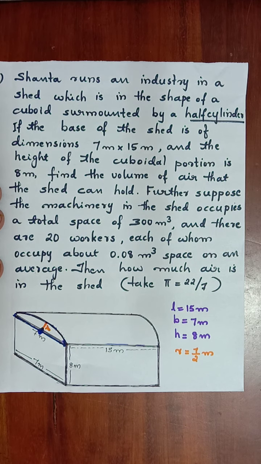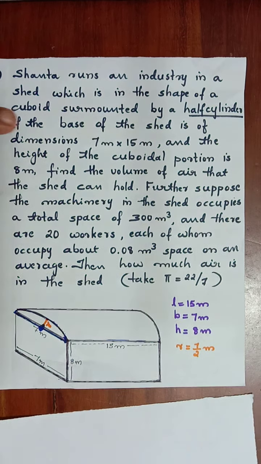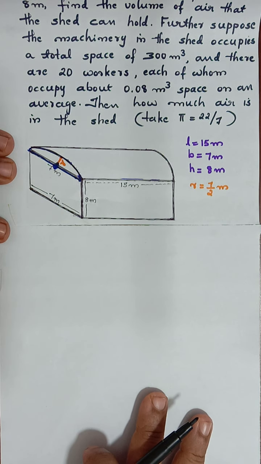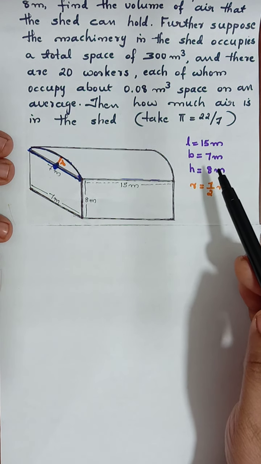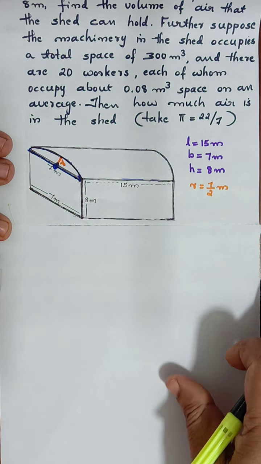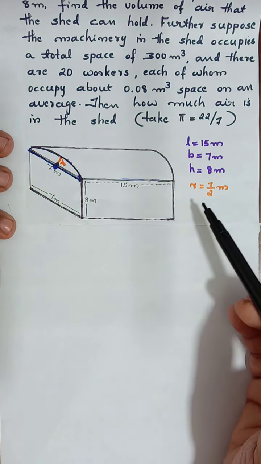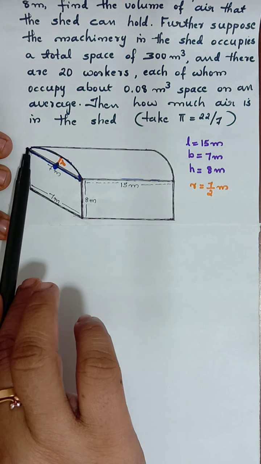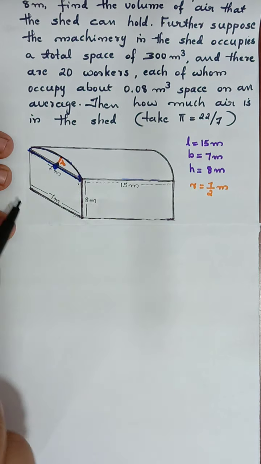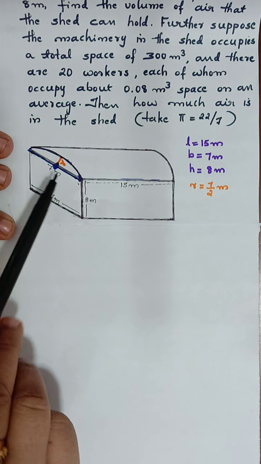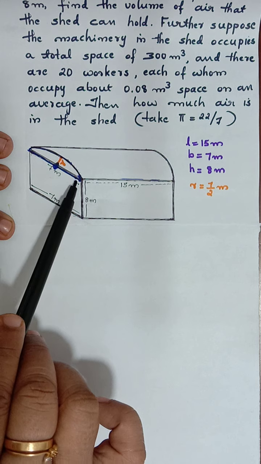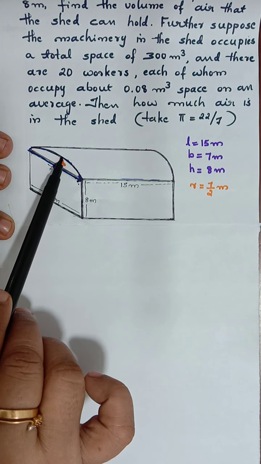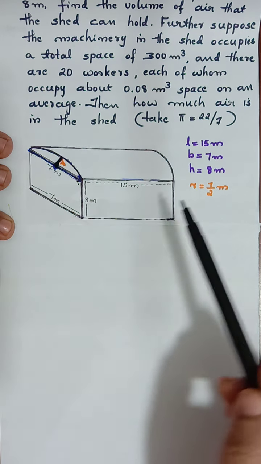That will be the remaining volume in the shed. Okay, so let us calculate that. All the values I have written here, you can see in the figure itself. Here you can see L is equal to 15, B is equal to 7, H equal to 8 and radius. How do we take the radius? That is a clue given. Breadth is 7 meter. This breadth comes as the diameter of the half cylinder. So radius will be 7 by 2.